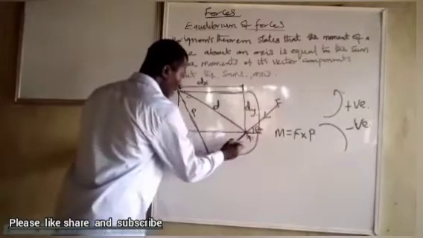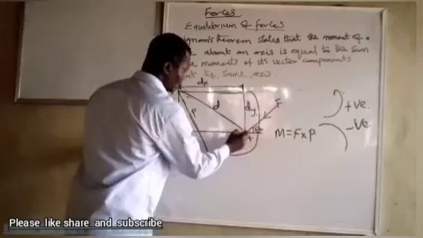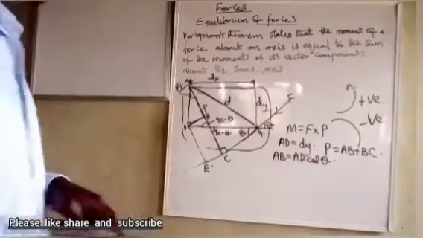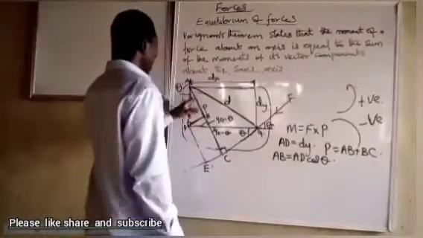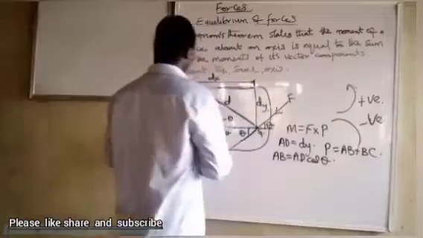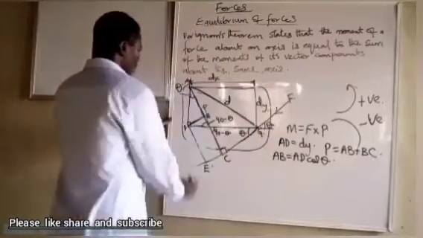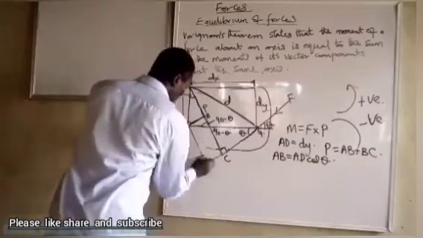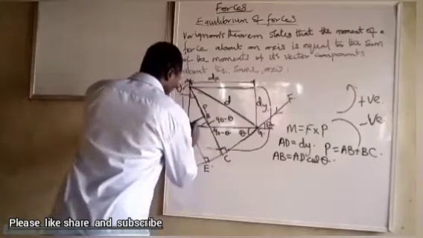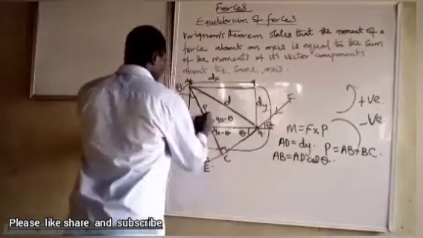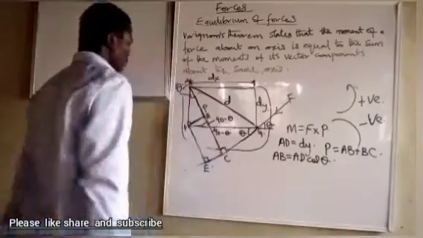And you know from our geometry, this angle here will be equal to this angle here. Now, I've been able to get AB to be AD cos theta. For me to get BC, BC is equal to DE. If I project it like this, this one is parallel to this one and they are equal.